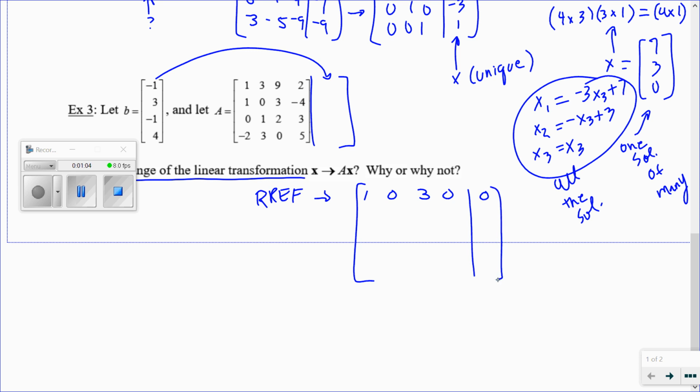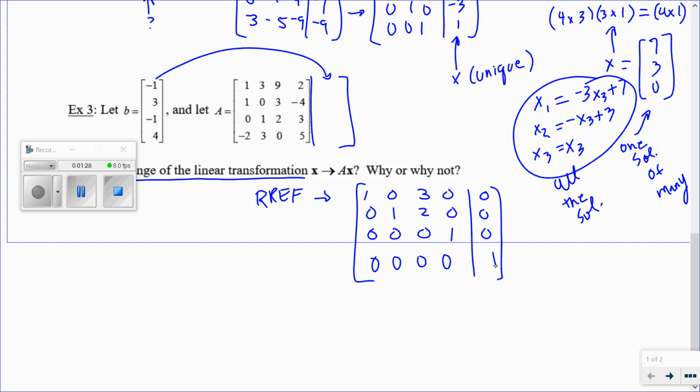Then on the next one, you get 0, 1, 2, 0, and then a 0 again there. Then here we get 0, 0, 0, 1, and then another 0. And the last row is all zeros, but there's a 1 in the last column.